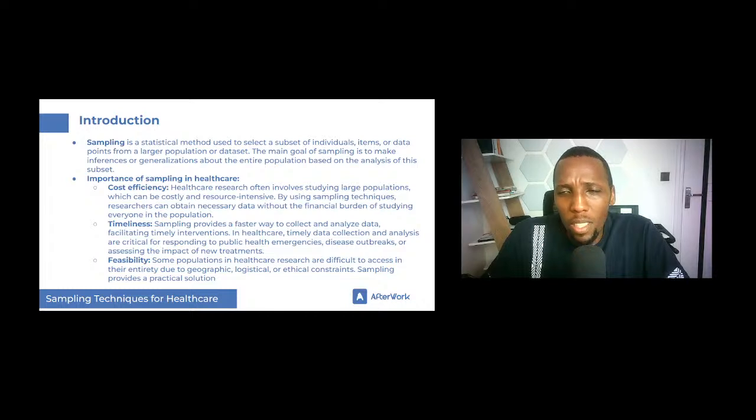Feasibility: in some situations you might want to study specific groups of people, but there are geographical constraints, logistical constraints, or even ethical constraints. Assuming you want to study a population that is quite remote, and accessibility of those people is hard, then in such a situation you would try as much as you can to only work with a sample, probably the ones that you can reach.